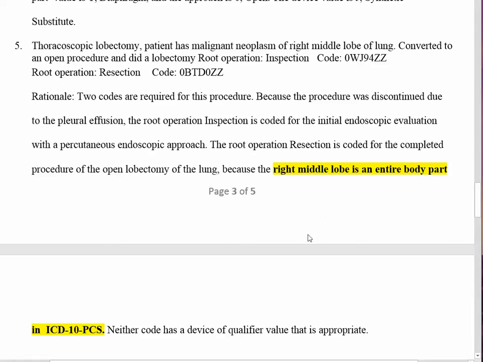You would index the main term of resection in the body part. You end up at 0BTD, as in dog. And then you code 0 for open. No device was left. No qualifier. You end up with 0BTD0ZZ.